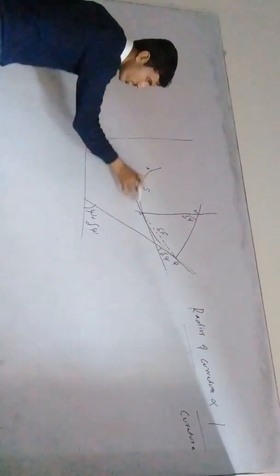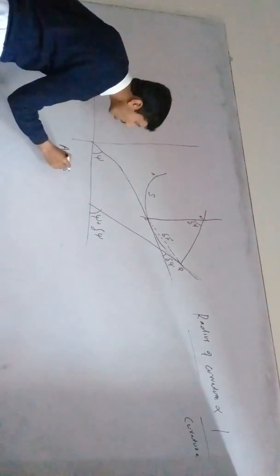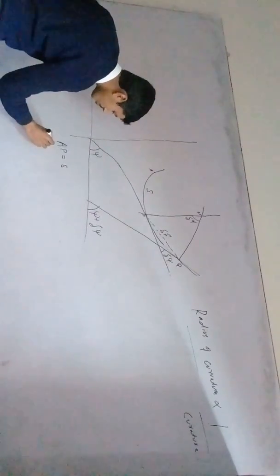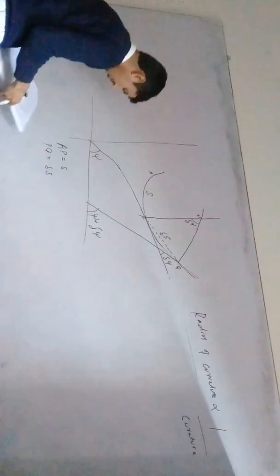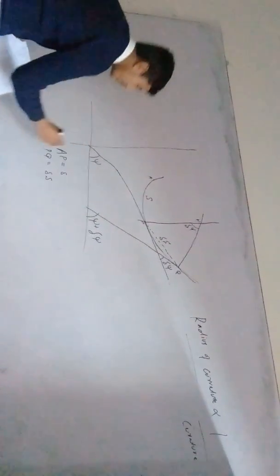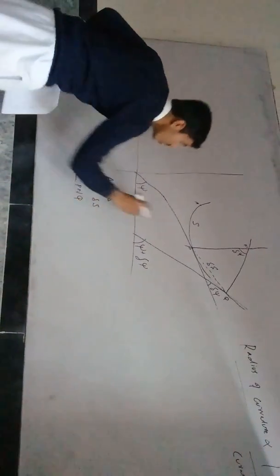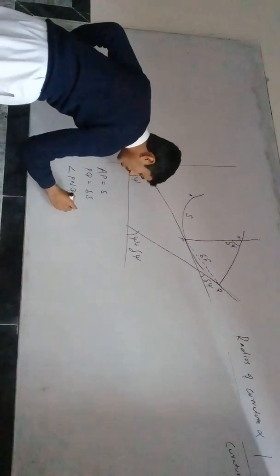Now you can see the distance between A and P is S. We have the distance between P and Q is del S. The angle between P and Q, this one, equals del psi.